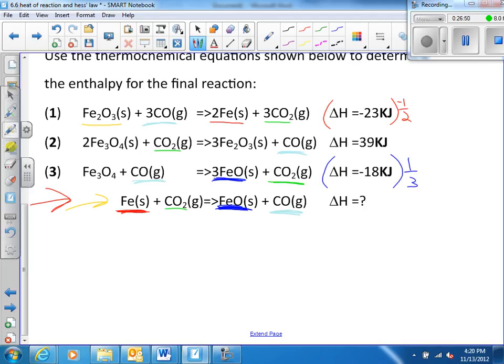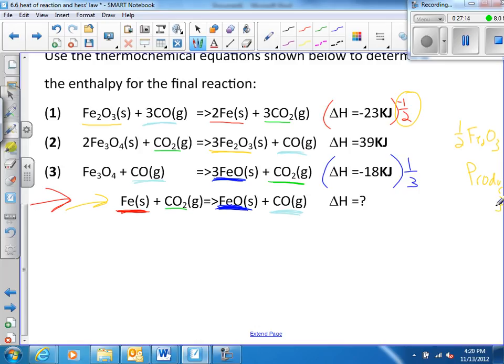And I see that the only other place where that occurs is right here. So I know because of the -1/2 right here that I've got 1/2 of an Fe2O3 on the product side. It says products over there.